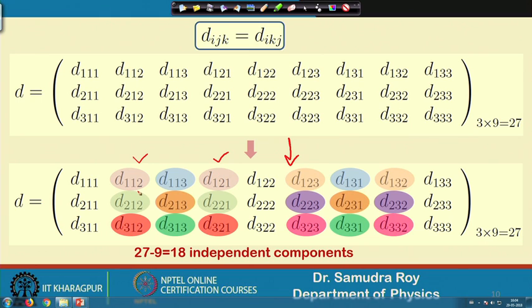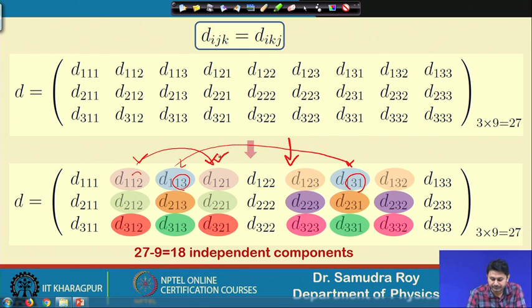So, D12 and D21 are the same, because if I interchange 2 to 1 and 1 to 2, it will be the same quantity. Again here we have 13, so somewhere I should have 31, and 31 is sitting here. So these are the same colors, and these two things are the same.